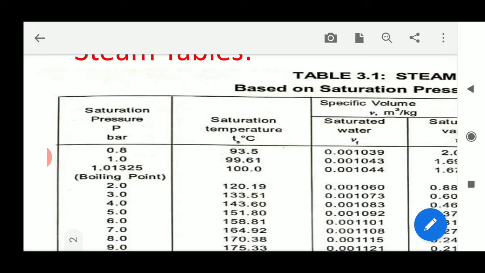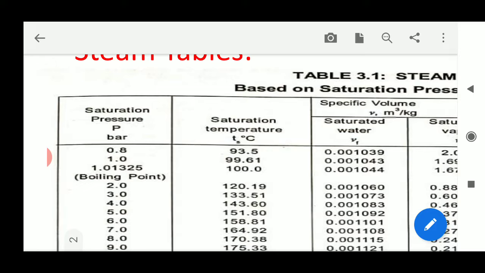For that pressure, in the next column, the corresponding saturation temperature Ts in degrees Celsius is given. Say for 0.8 bar pressure, the saturation temperature is 93.5 degrees Celsius.